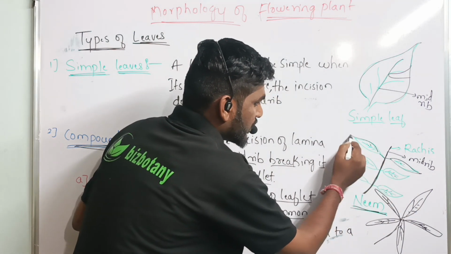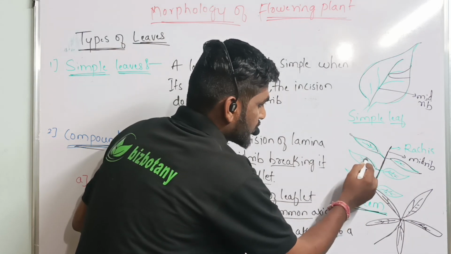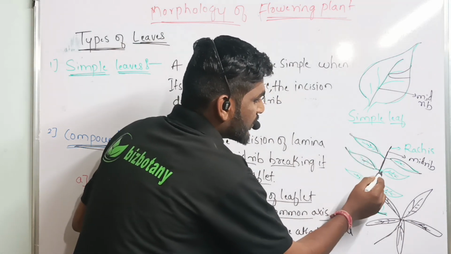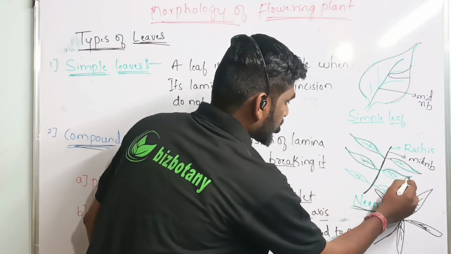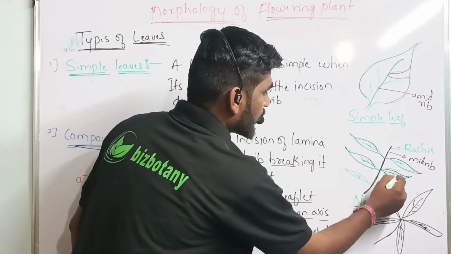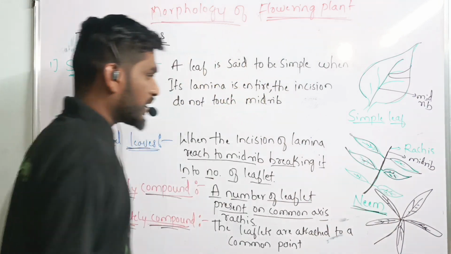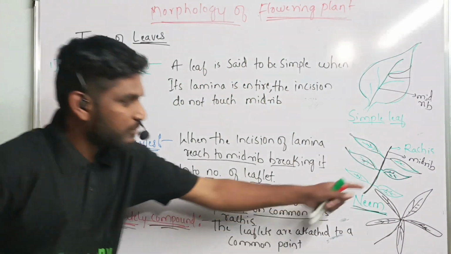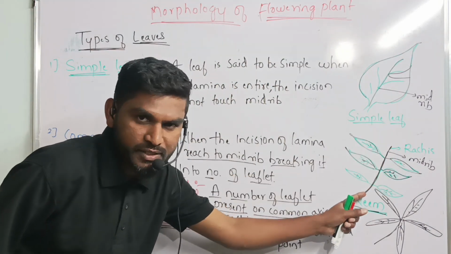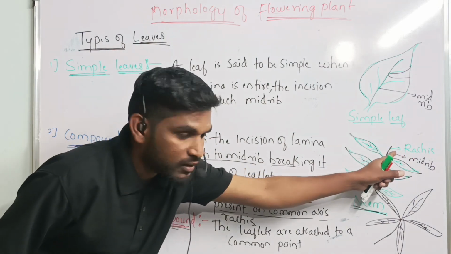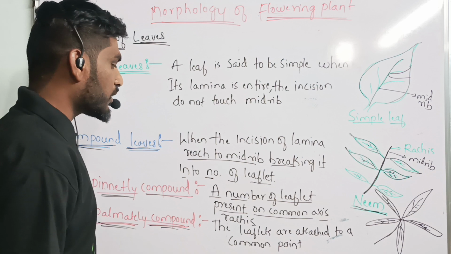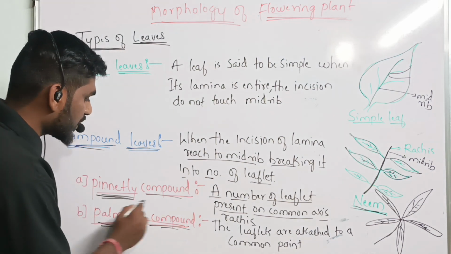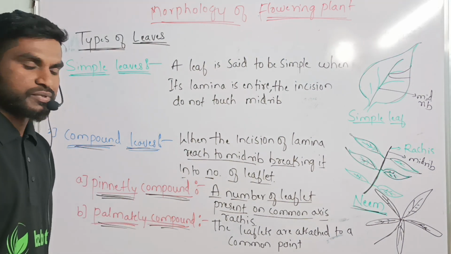These are the leaflets of a neem plant. Such types of leaves are known as pinnately compound leaves. The leaflets are present on a common axis, nothing but the rachis or midrib.